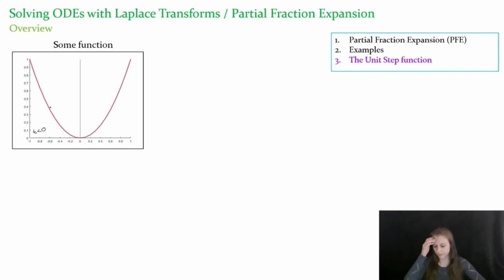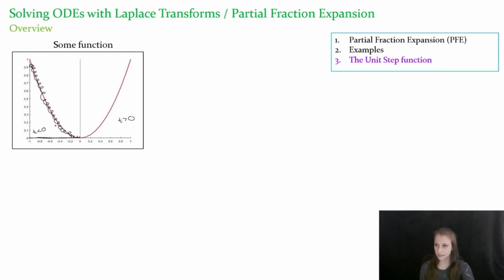And then for time greater than 0, our function values are, again, something other than 0. So in order to use the one-sided Laplace transform, we need all of our function values for time less than 0 to be 0.